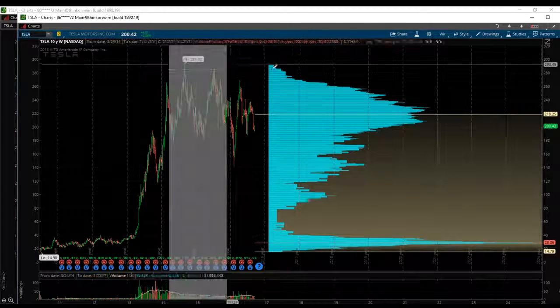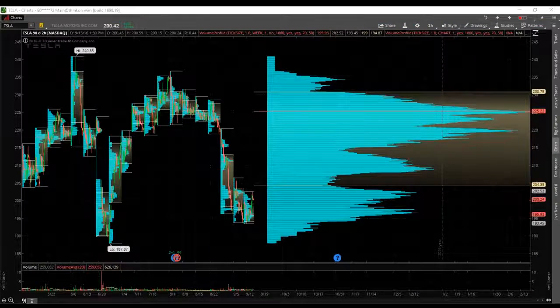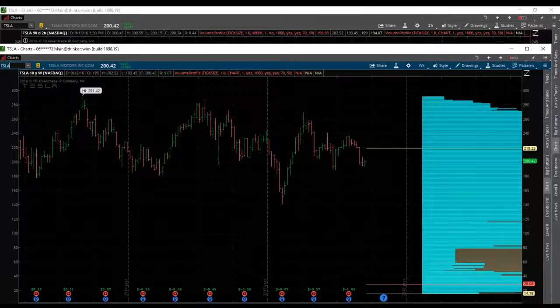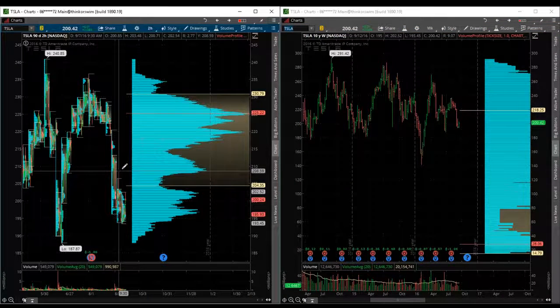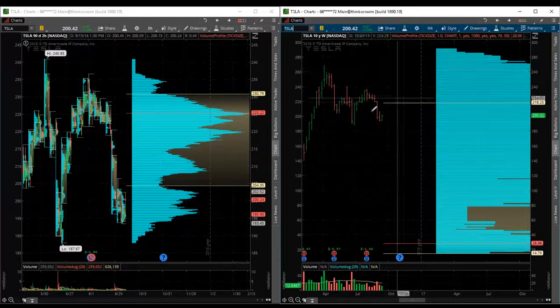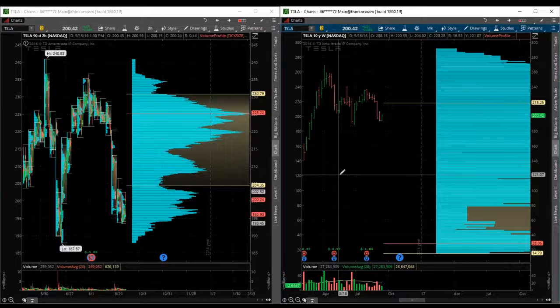All right, here is a weekly chart. Go all the way over there. Here's a weekly chart in Tesla, and here's a weekly chart in Tesla. Let's get these a little bit closer in terms of the charts.